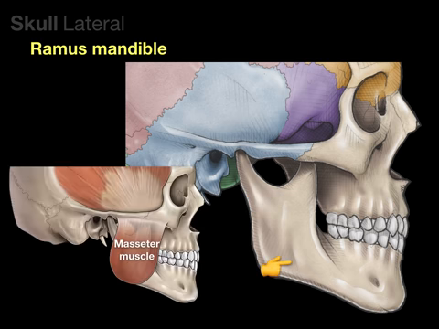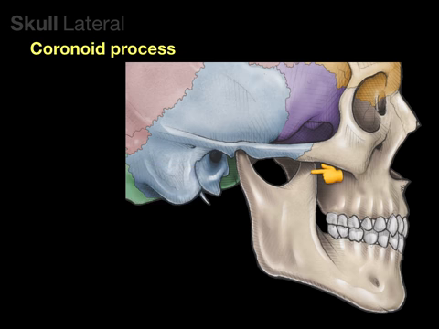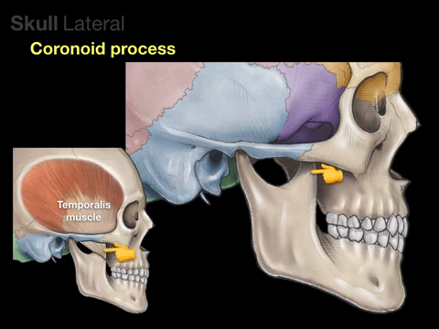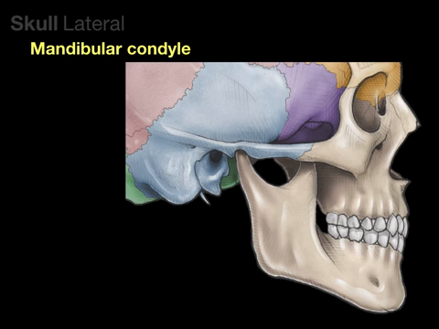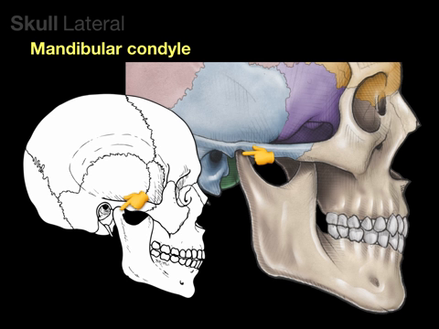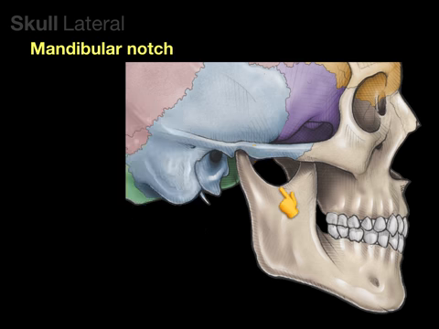It's all along there, and that's where the masseter muscle attaches. The coronoid process located right there is where the temporalis muscle inserts, allowing it to elevate, both the masseter and temporalis, to masticate. Then there's our mandibular condyle right there, which allows for this type of chewing motion. And then there is our mandibular notch.